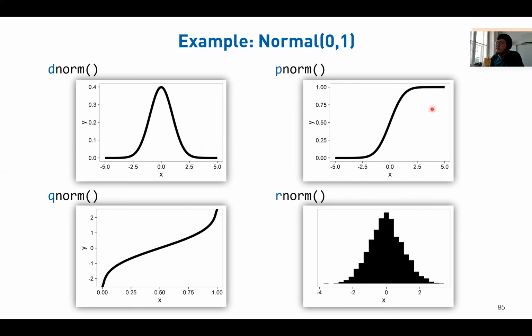A few words on the relationship between the pnorm and qnorm. The CDF and the quantile: if you imagine there is an identity line, here at 45 degrees, and along this line you draw a symmetrical counterpart of this curve, you will get something like this.